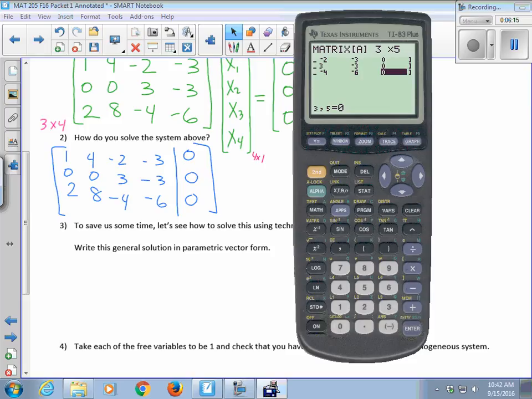So we've got it all inputted. And then I'm just going to press second matrix again. This time I want to do some math on the matrix I just entered. So cursor over to math. And if you scroll down, you'll find RREF. Option B, RREF. Then it's asking what matrix do you want to RREF? And we have to tell it matrix A. So you go back into your matrix menu. Now we're in the names column.